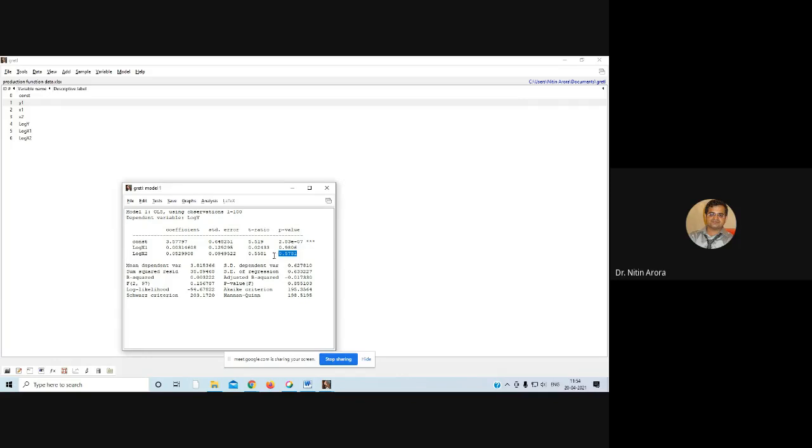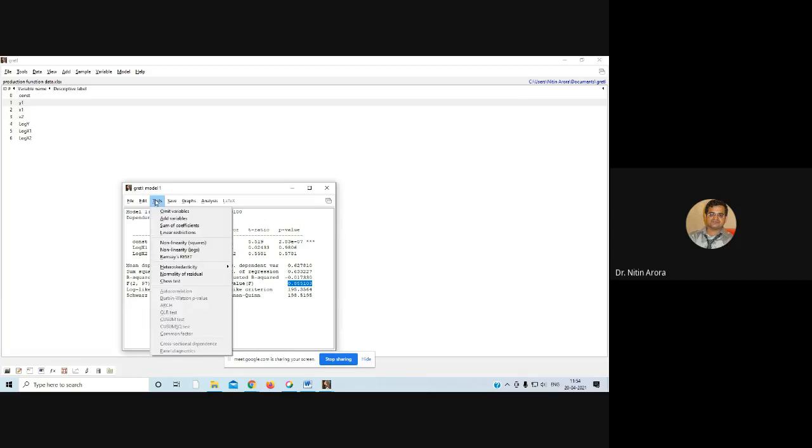Look at the F statistic, with a high p value of 0.85, much above 0.05. R square is very low. Anyhow, I just want to tell you how to test the restrictions. Go to Test. Go to Linear restrictions.